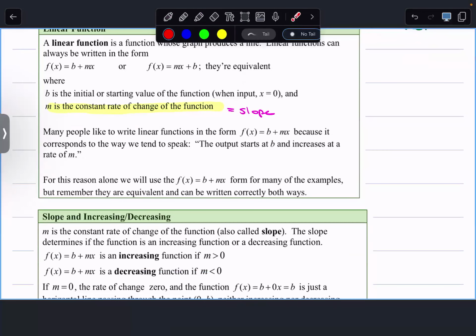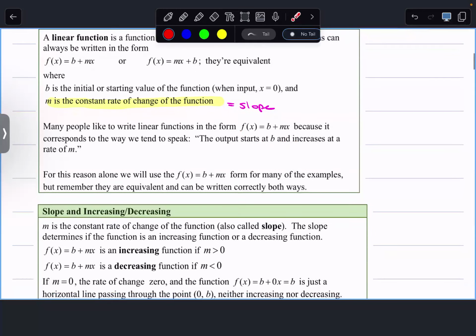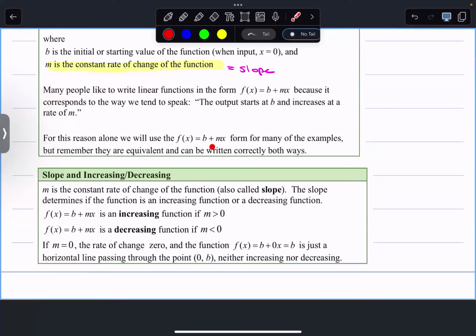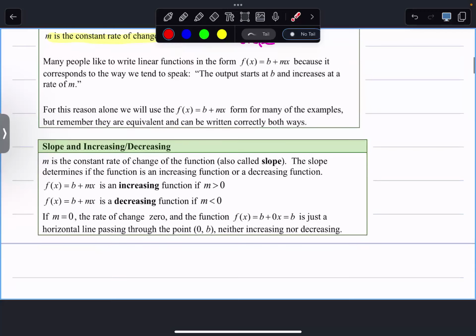Just as a note, in this textbook, he's thought of everything. He uses b plus mx, even though we usually say mx plus b, because when we talk about it, we say the output starts at b and then increases at a rate of m. I just thought it was a cute thing. That's why in the examples he uses this format, but they're correct either way.